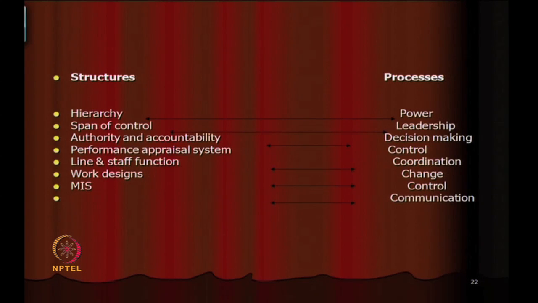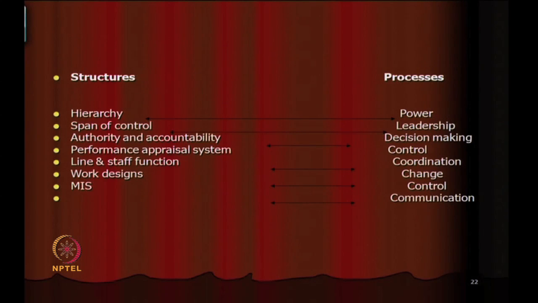Under the structures, you have had 7 variables. We have one extra on the process variables because communication is listed there, but arrows you have only 6, and that is because communication does not have a counterpart.